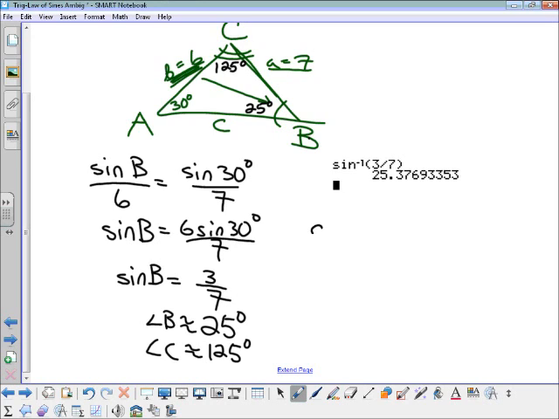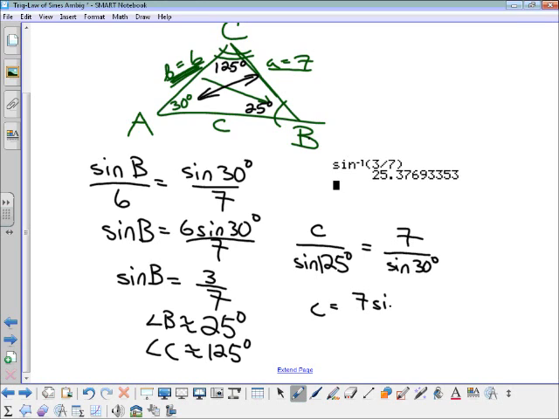So again, c over sine of 125 will have to equal, again, I'm using the given since I approximated angle B, 7 over sine of 30. Okay, so c would equal 7 times sine of 125 over sine of 30.